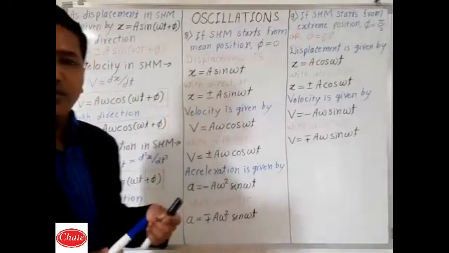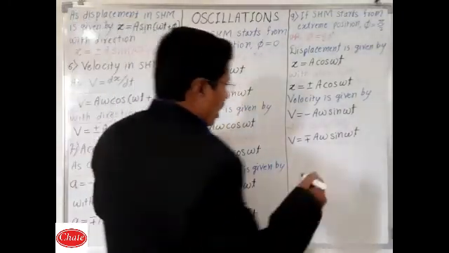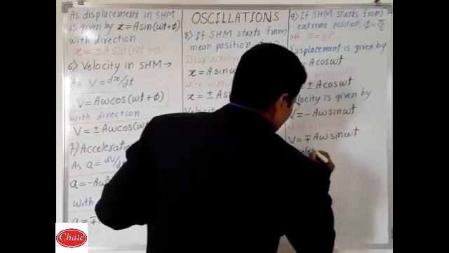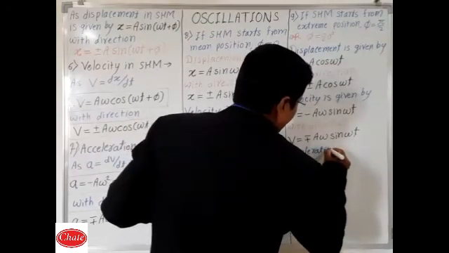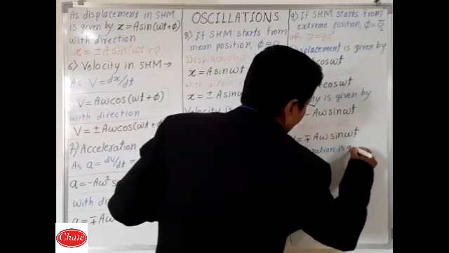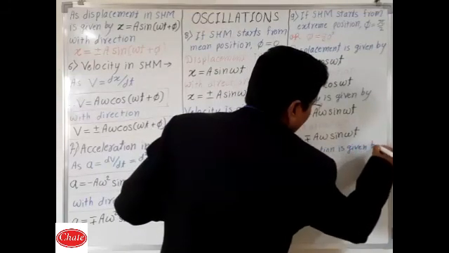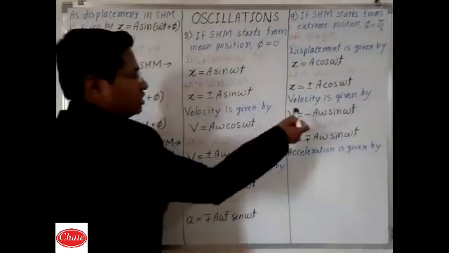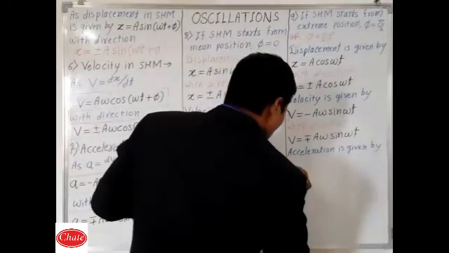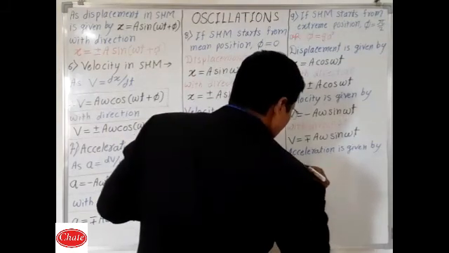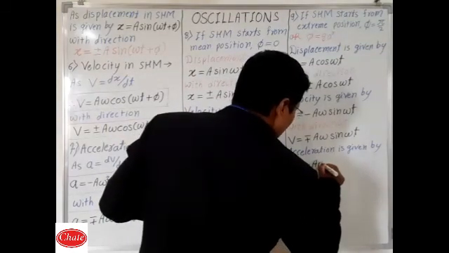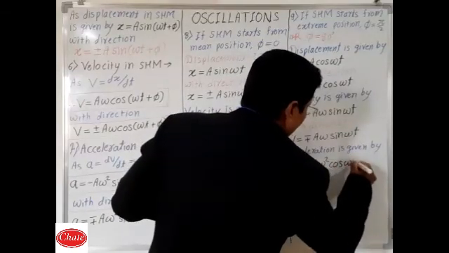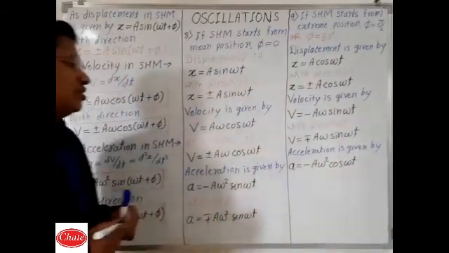Are you getting this? Now next, acceleration is given by, काय लिहिणार a equal to, आता याचं डेरिव्हेशन येणार ना, स्मॉल a equal to minus a omega square cos omega t. Remember this.